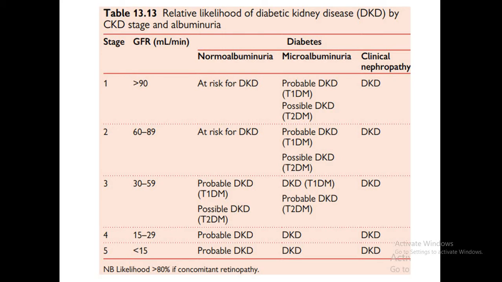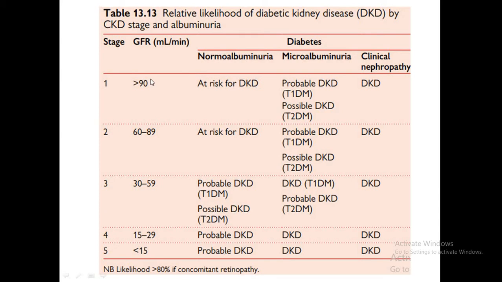In this chart you can see the stages of CKD. Stage 1 is an eGFR of more than 90. Stage 2 is between 60 and 89, stage 3 is 30 to 59, stage 4 is 15 to 29, and stage 5 is less than 15.